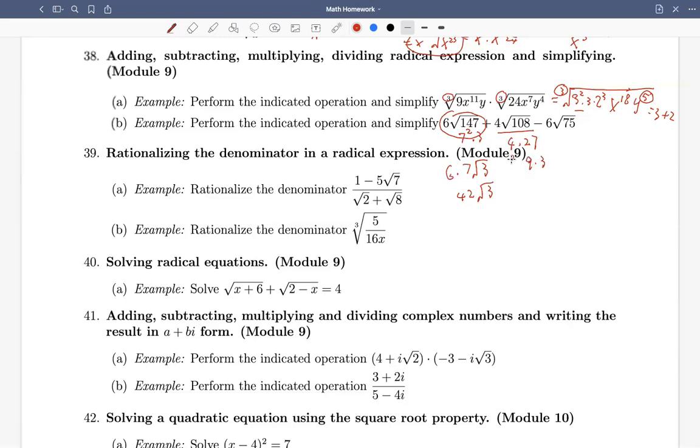So 4 is 2 squared, 9 is 3 squared. So I have 6 squared times 3, which is 108. So for the square root of 6 squared, I have 6 out, then radical 3. So 4 times 6 is 24, radical 3. So 4 times radical 108 is simplified to be 24 radical 3.